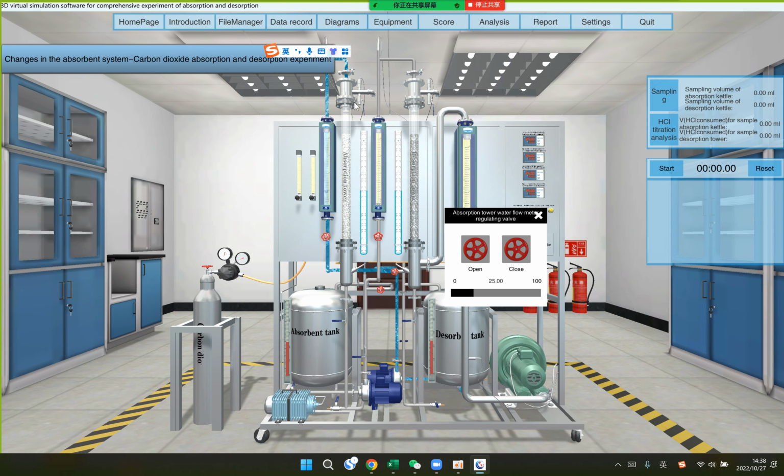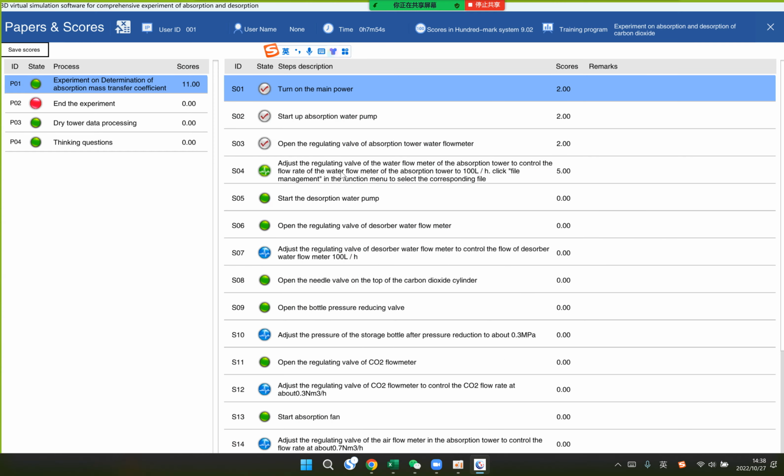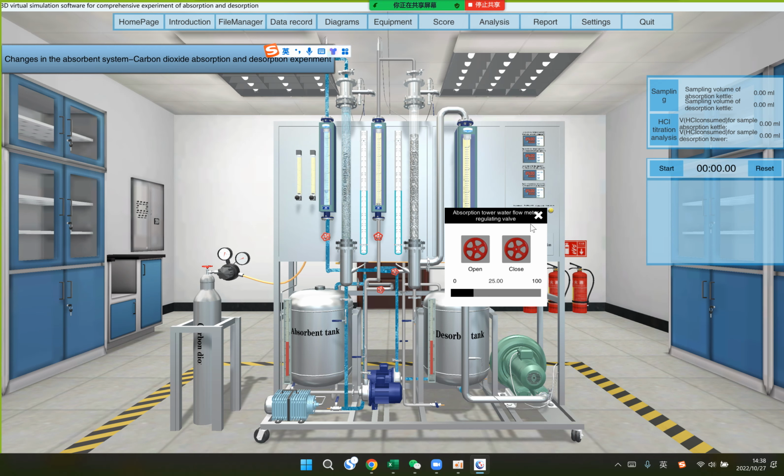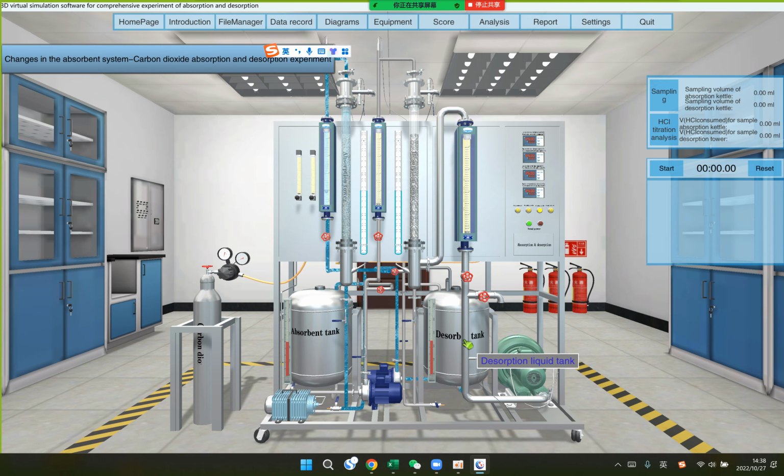As you may see, the water moves downward. I think I should already start the desorption water pump, because the water moves from this tank into the desorption tank, and we have to make sure the liquid in the desorption tank goes back to the absorption tank.